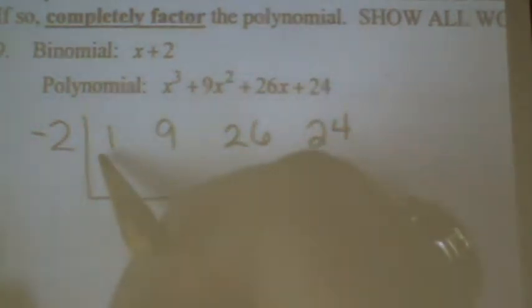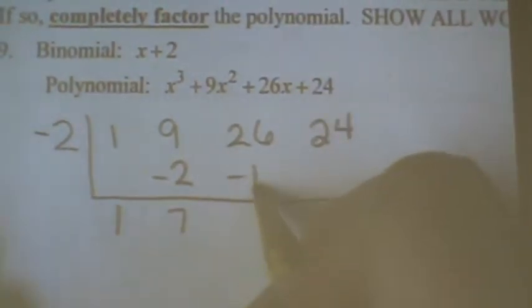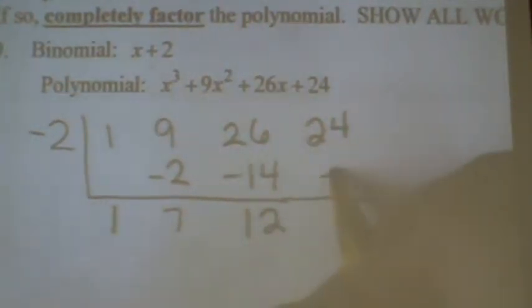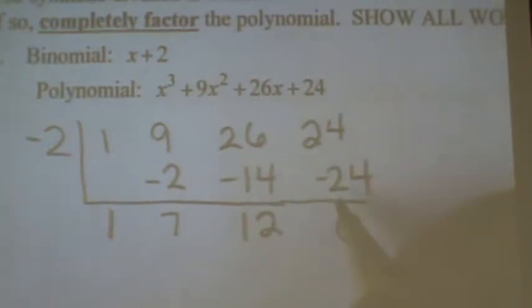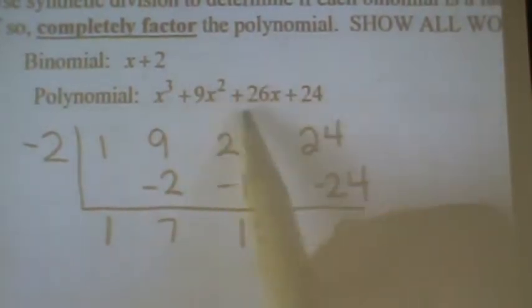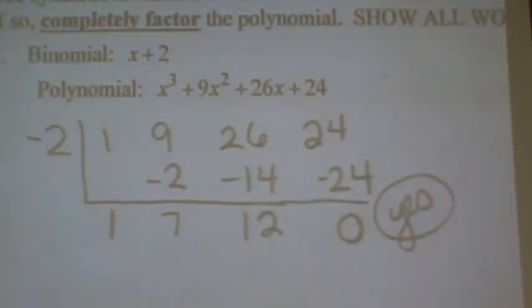You bring down the 1, multiply, add, multiply and add, negative 24. So, the answer to the question, does this go into it evenly? Yes, it does. The answer is yes.